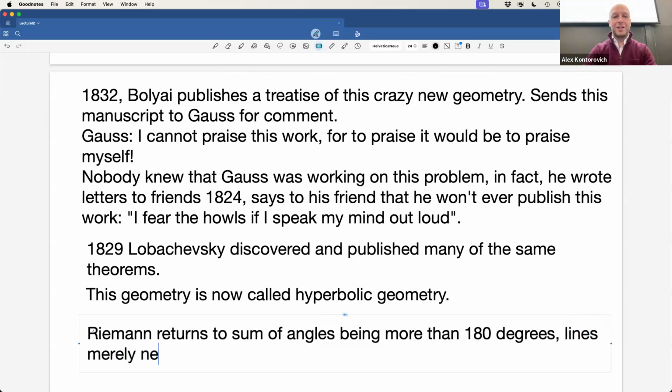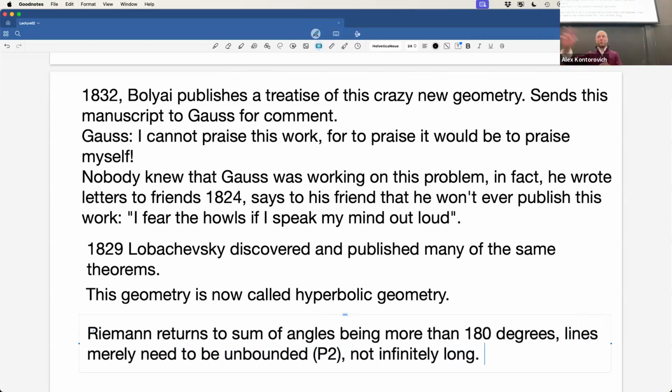Lines merely need to be unbounded, not infinite length. Unbounded means you can always extend it in any direction, right? That's what postulate 2 says. Not infinitely long. So there's nothing wrong. So the way that Gauss initially ruled out this geometry, where the sum of the angles is more than 180, actually it should not have been ruled out.